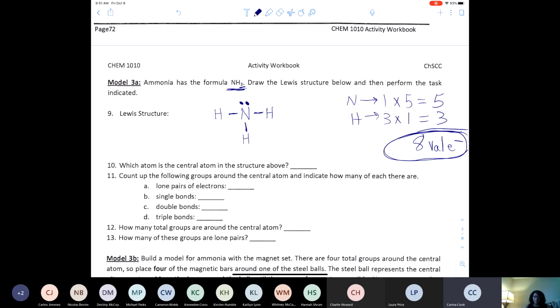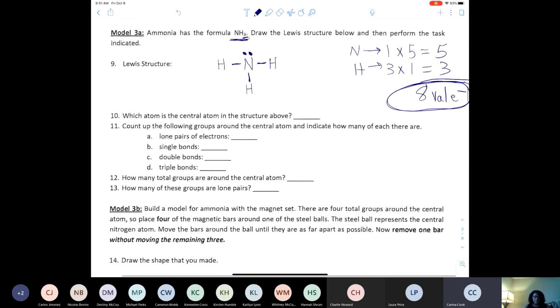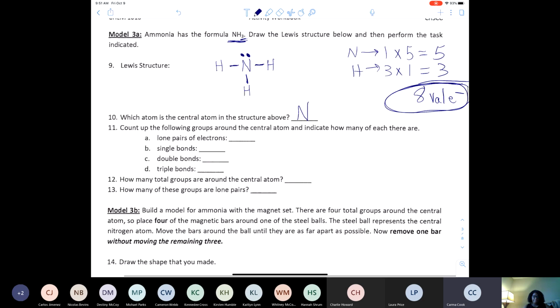Now we're ready to answer the remaining questions for Model 3A and Model 3B. We said nitrogen is our central atom. For question 10, question 11, count up the following groups around the central atom and indicate how many of each type of group of electrons there are. How many lone pairs of electrons are on the central atom? One.